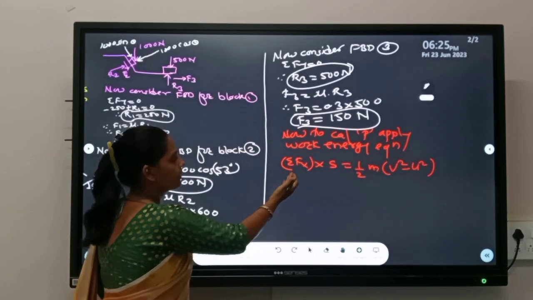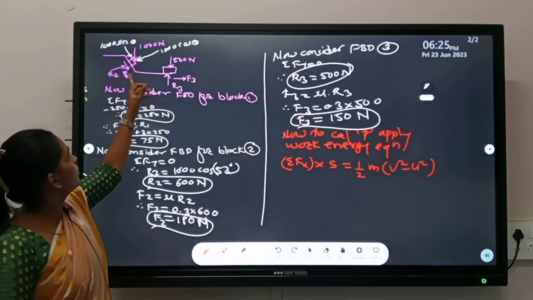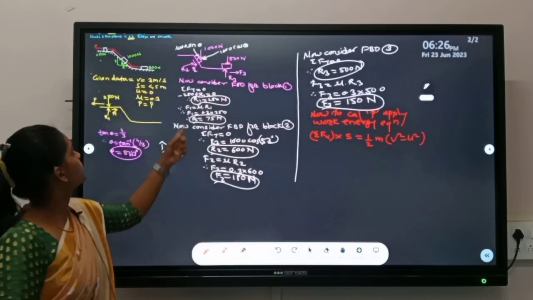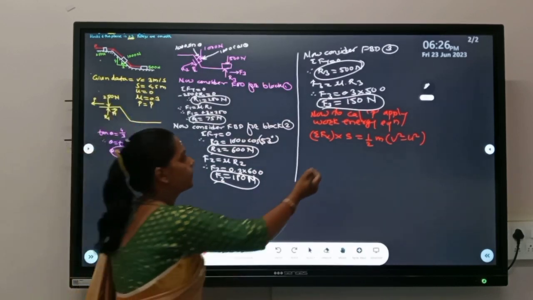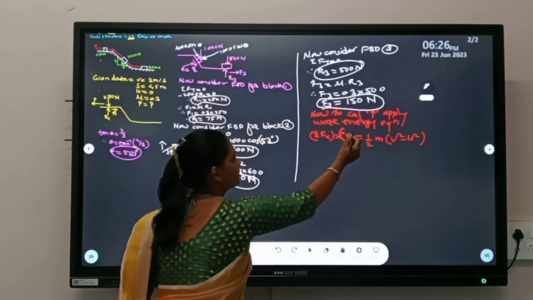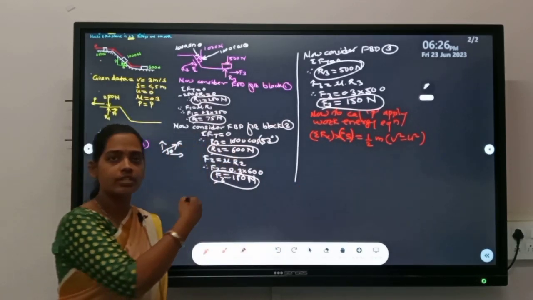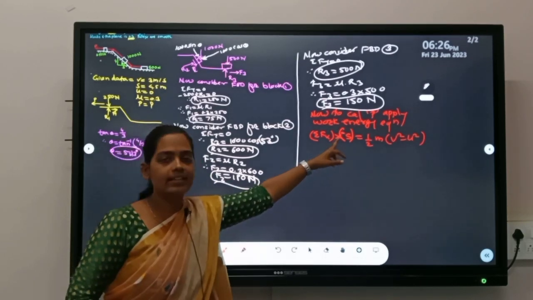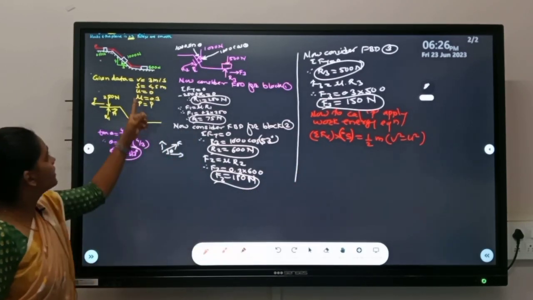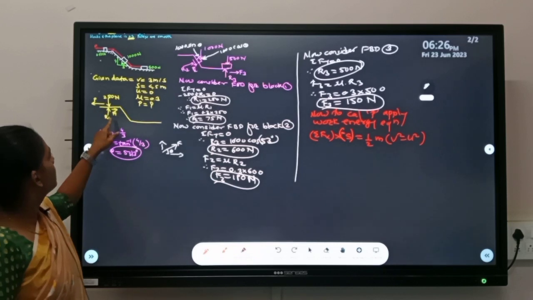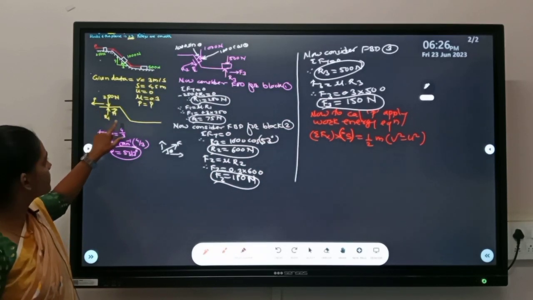So just apply this for the FBD of this particular block. Now since the displacement is towards the left hand side, we are replacing S as a minus. If the displacement is towards the right hand side, we will take it as positive. See the FBD along summation F of x.